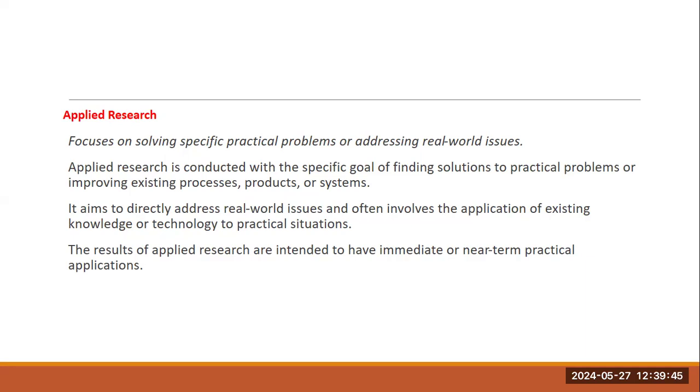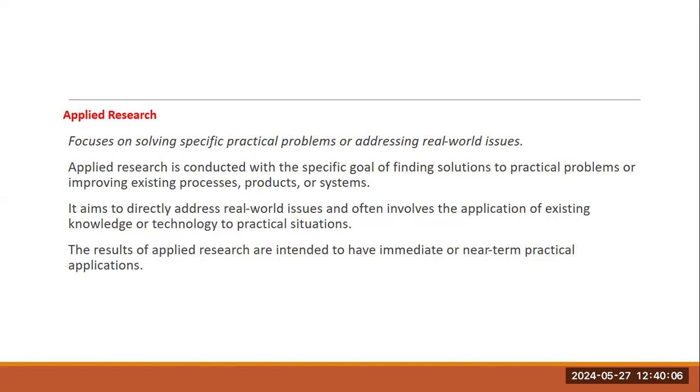Applied research is conducted with a specific goal of finding a solution to a practical problem or improving the existing process, product or system. Anyhow, the research helps to improve the existing problems, and immediately they can apply it. Now you can understand the difference between basic research and applied research.